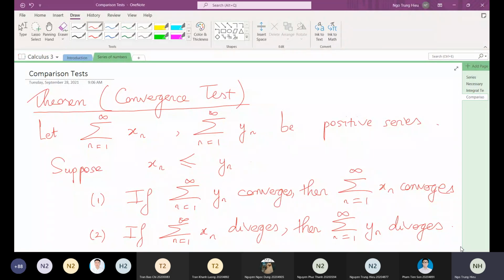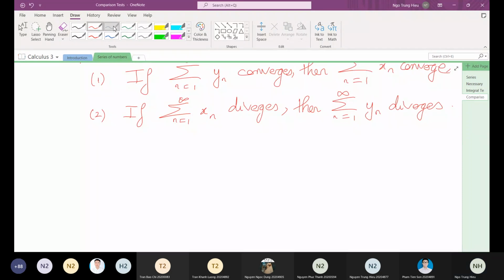So using this, we can test many other series to see whether they converge or diverge.